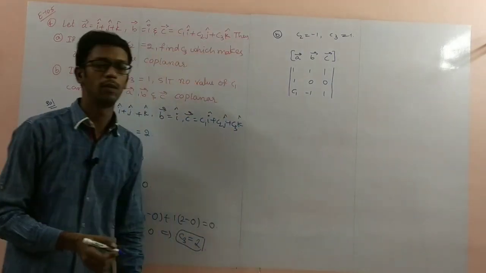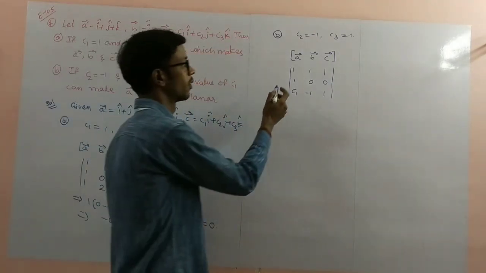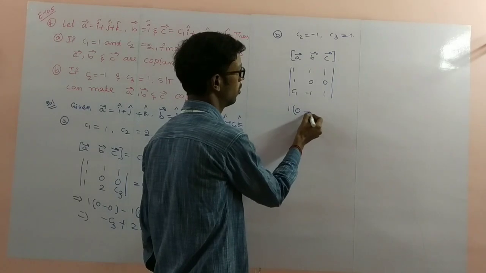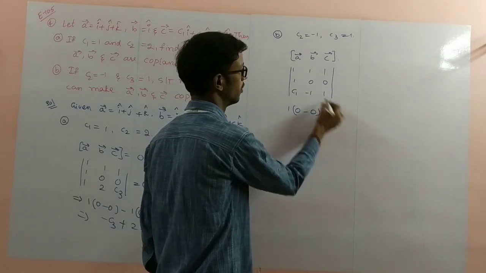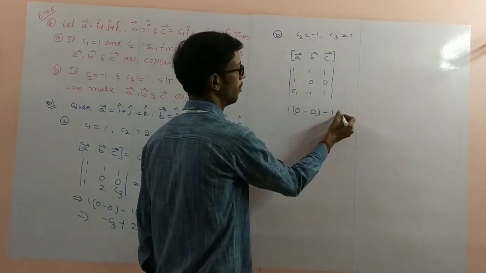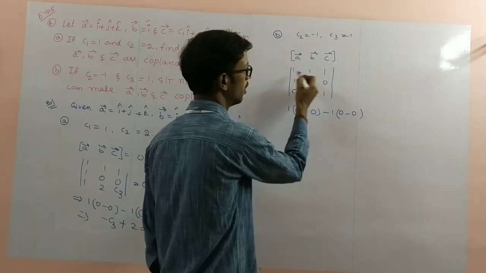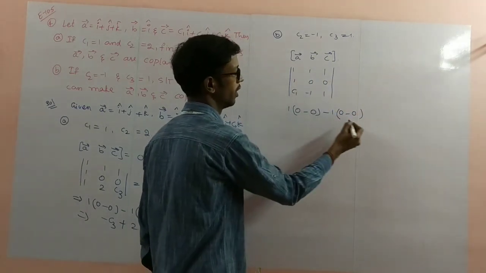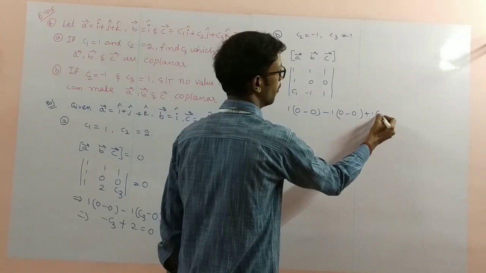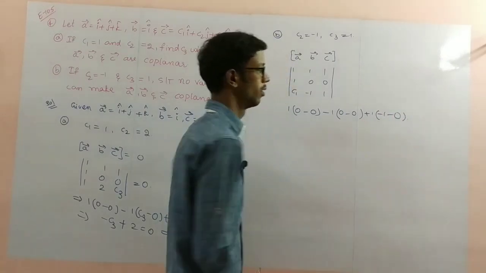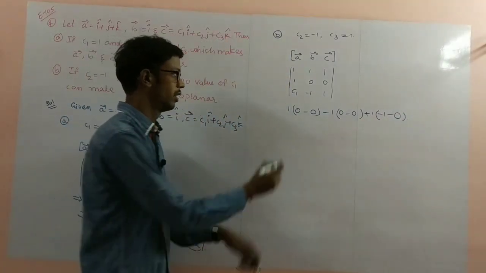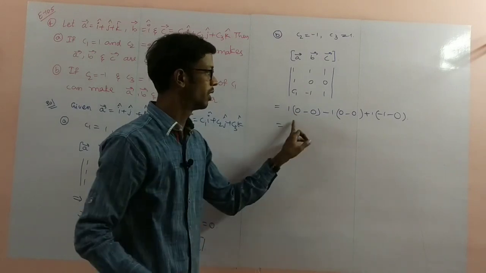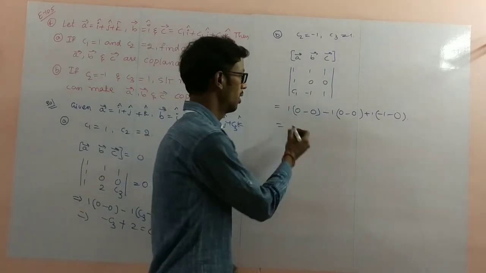So now you have to simplify here. 1 into 0 minus 0, minus 1 into 0 minus 0. If you close this one, minus 1 minus 0. The determinant value you are getting is 0, 0, and here minus 1.